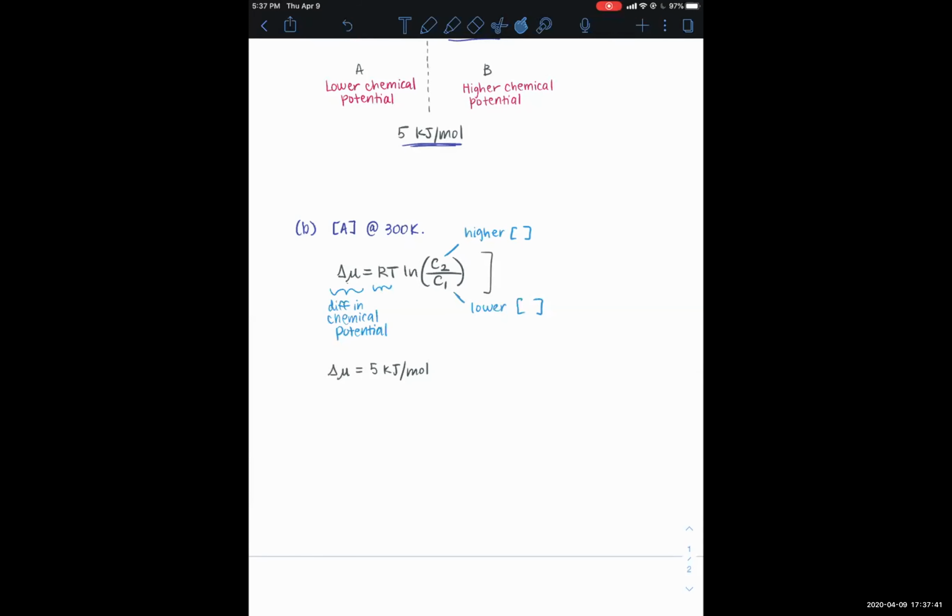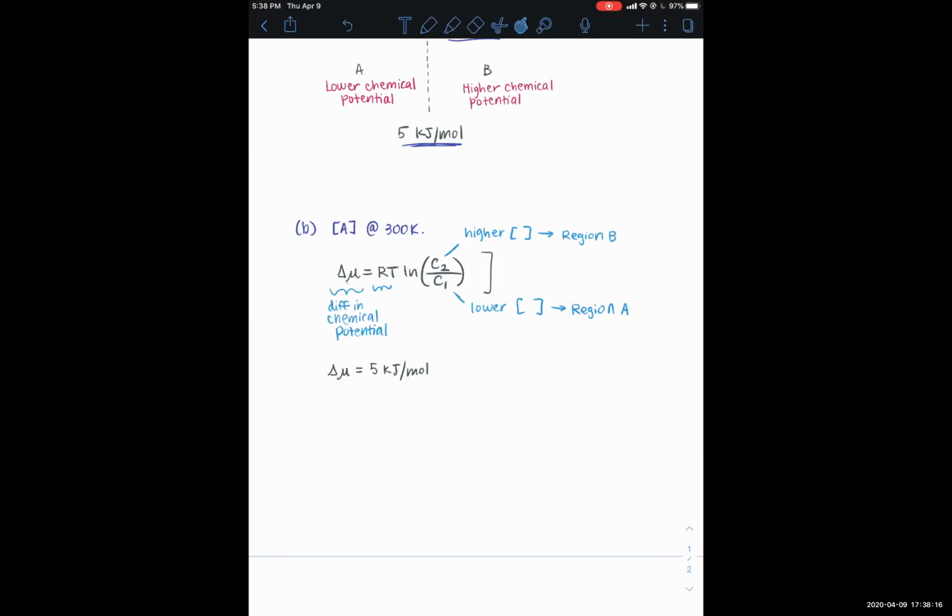So region B we know has a higher concentration to begin with, and so we can substitute this with the concentration in B, and then we can solve for the concentration in region A. So basically you can just plug in the values that we're given now to solve for C1 right here.